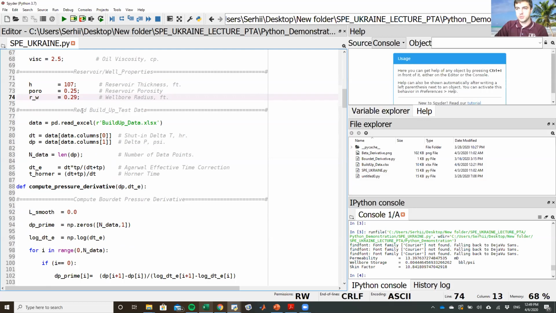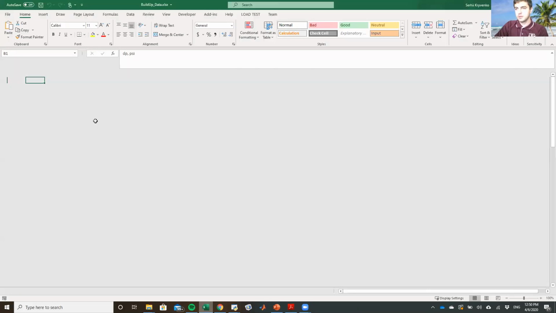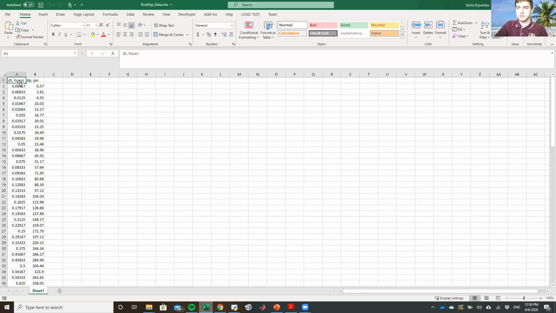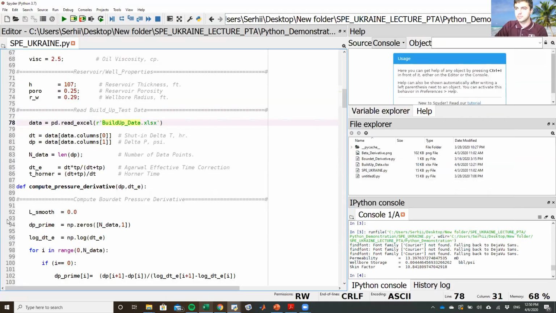And the next step is going to be to read our build-up test data. Here I'm reading it from an Excel file, and this Excel file has the information about our shut-in time, as well as our pressure difference, delta P, right?